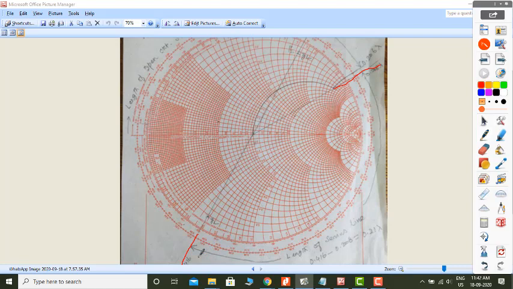This extended line is 0.416 lambda. This one is 0.208 lambda. So the difference is 0.416 minus 0.208, which equals 0.21 lambda. So that 0.21 lambda is the length of the series line.